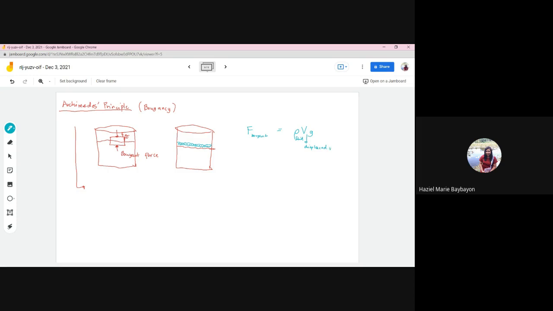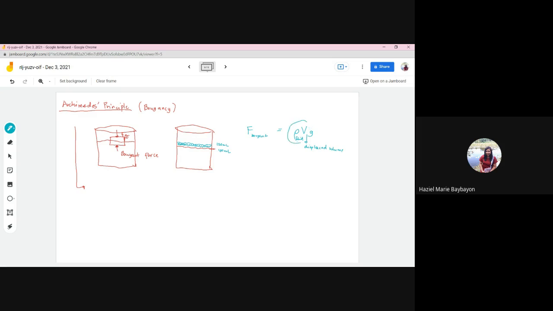Displaced volume, meaning to say, say for example, this goes from 100 ml to 120 ml. So the displaced volume is 20 ml. Okay, so this is your V displaced. And then your g here is just the acceleration due to gravity.